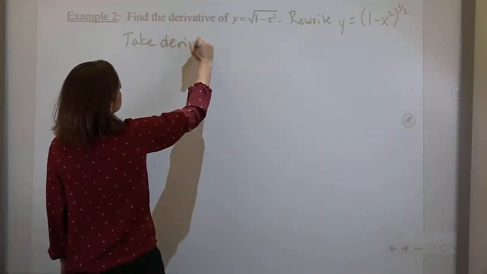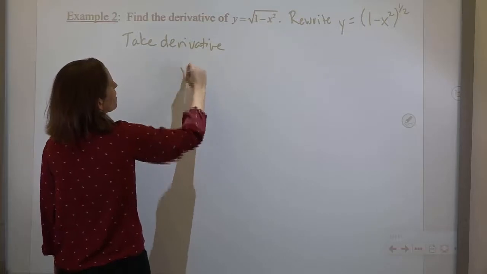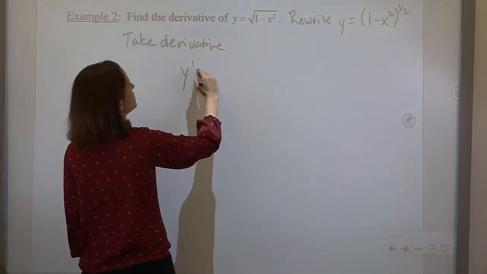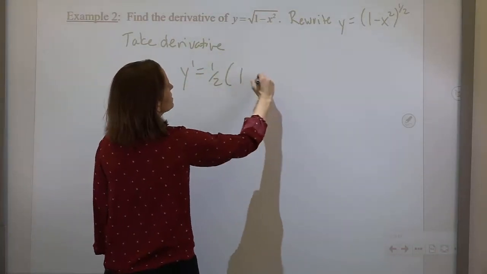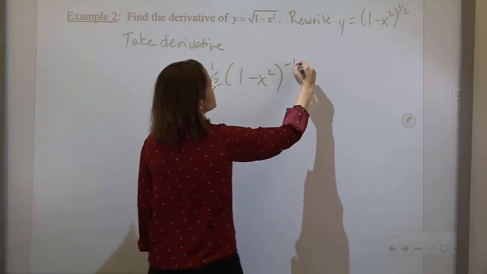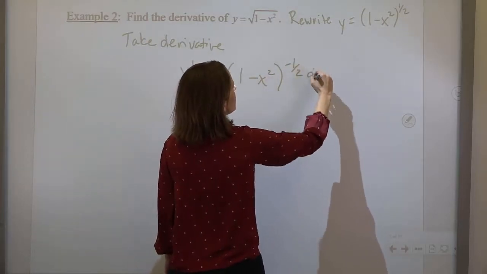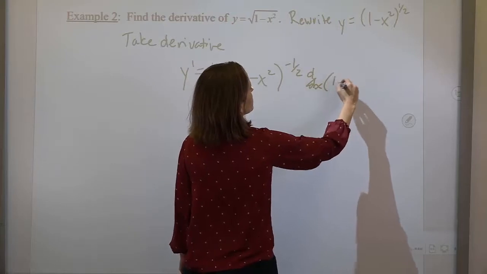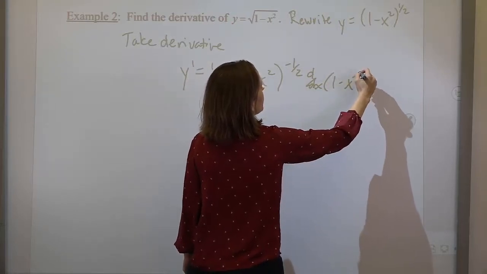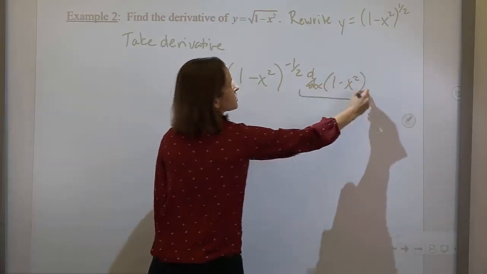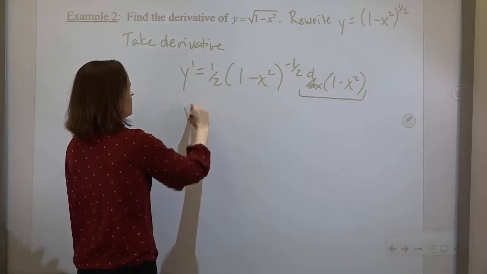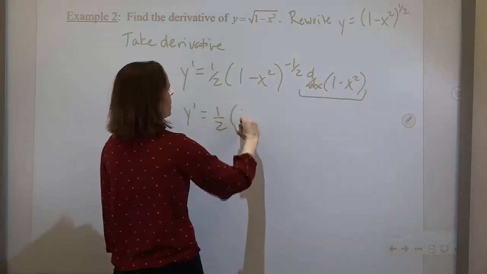So make sure you do that rewriting first. So now I'll write y prime because I'm taking the derivative. I bring down the power, leave the inside alone, subtract 1 from the power, and then multiply by the derivative of the inside. I can't stop here because I still need to evaluate that. So I'll just come back and do that.